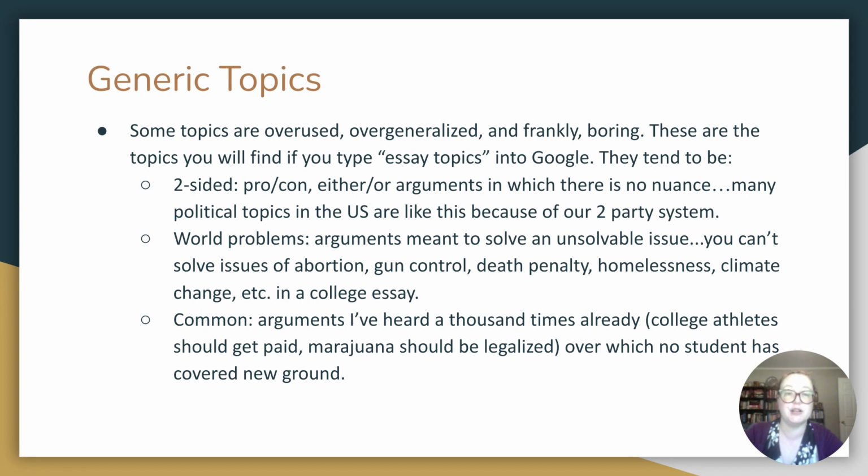The first is generic topics. These are topics that are overused, overgeneralized, and frankly, they're boring, okay? They tend to be topics you'll find when you type essay topics into Google. When you type essay topics, or paper topics, or argumentative essay topics into Google, what you're going to come up with is the same argumentative paper that 1,000 people have written about, because those are the most common.